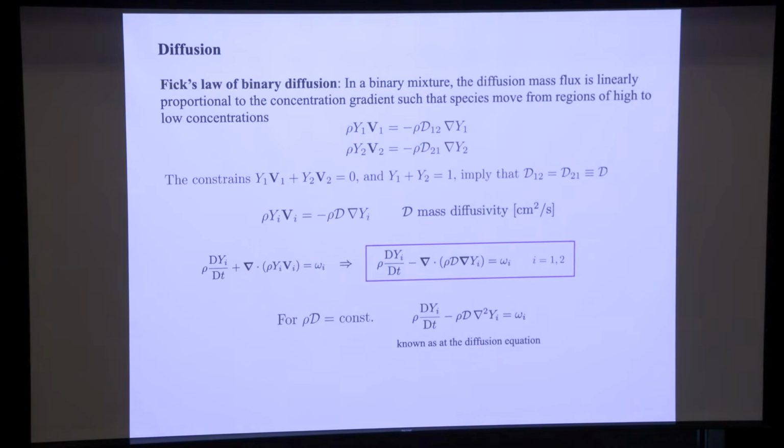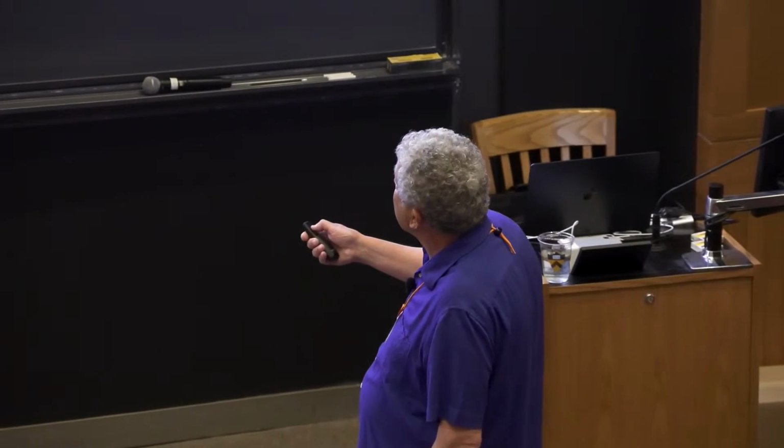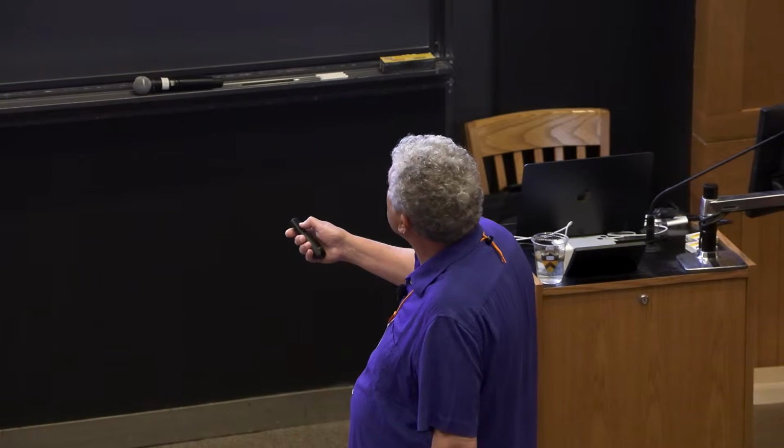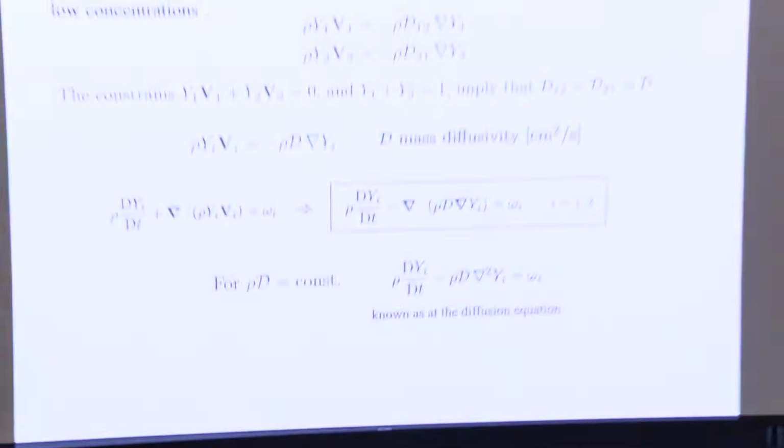And so you can write Fick's law as rho yi Vi is minus rho D grad yi, where D is the mass diffusivity, in units of centimeters squared per second, like any other diffusivities. So very often rho times D is referred to as the coefficient of diffusion. It's a matter of notation, but this is clearly a diffusivity.